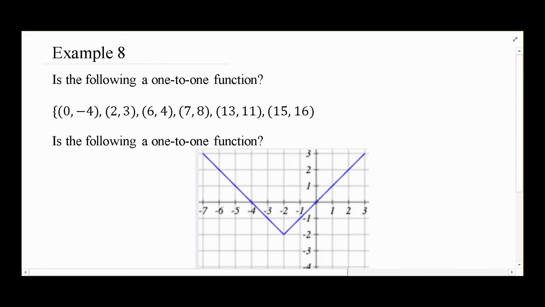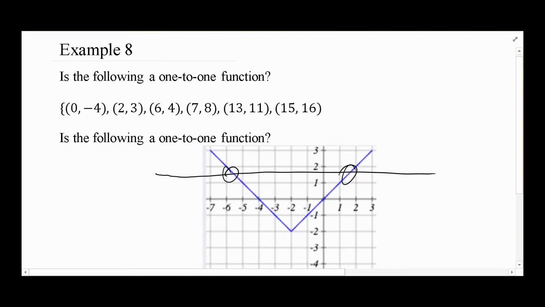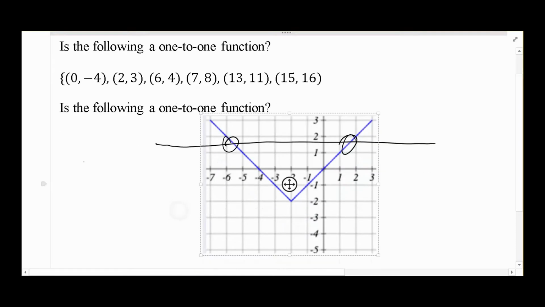So let's look at a couple examples of determining whether something is one-to-one or not. If we think about being one-to-one in the horizontal line sense, let's actually skip down to the graph, because that's the easier one to start with. If we look at a horizontal line that hits our graph in 2 places, then we can quickly say, no, this is not one-to-one because a horizontal line hit it in 2 places.